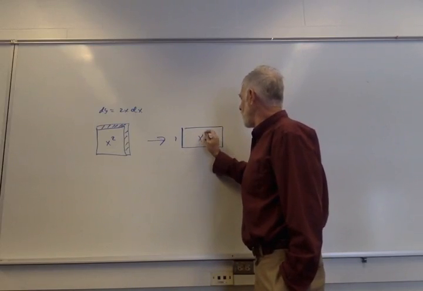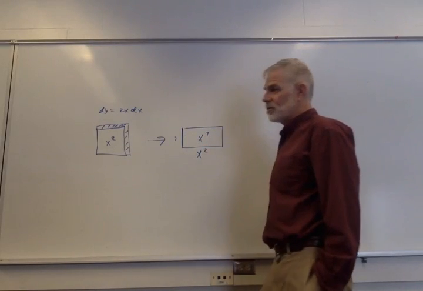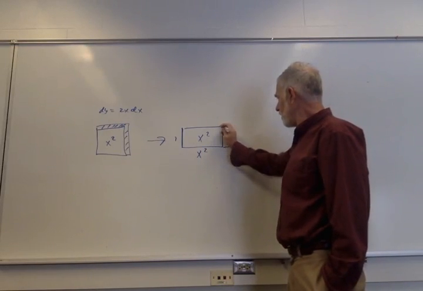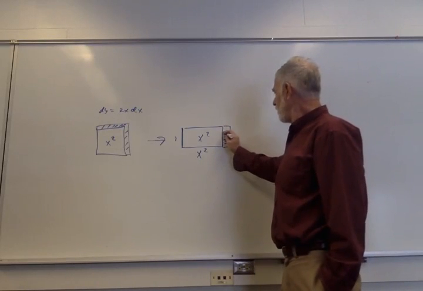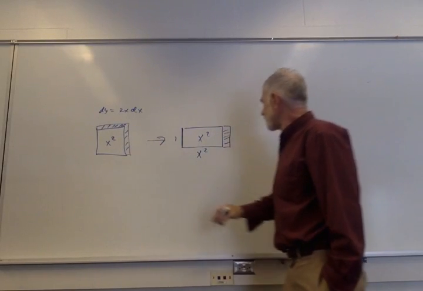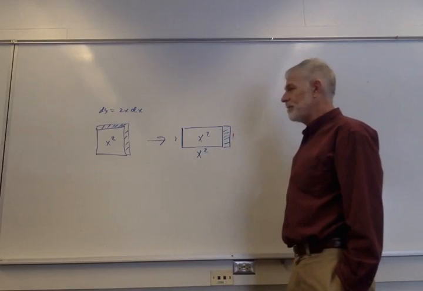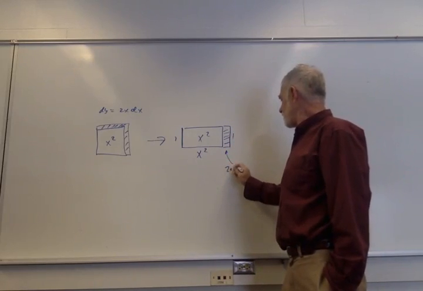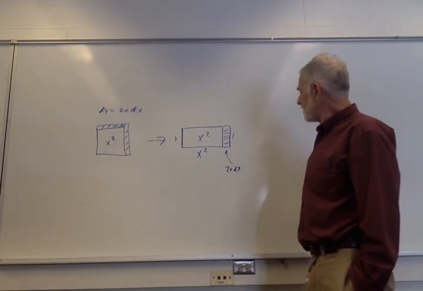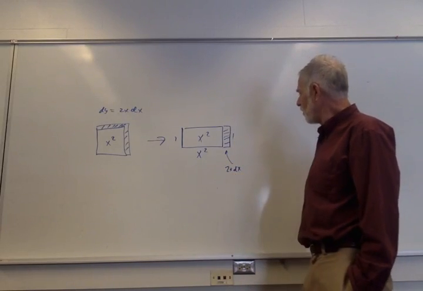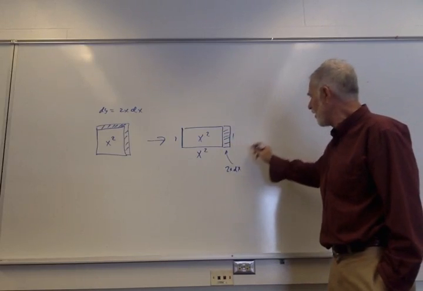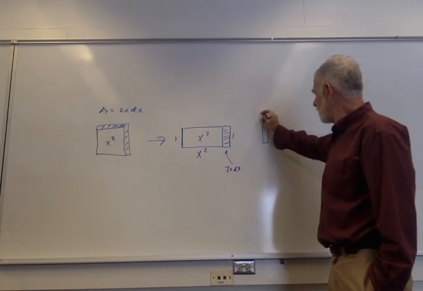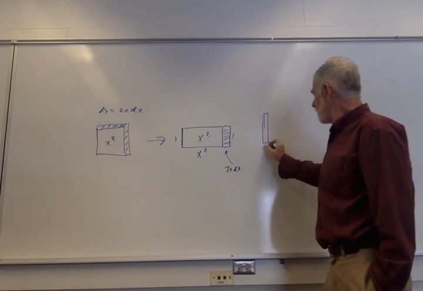Then to capture x squared, the base has to be x squared. And to capture the rate of change, this rate of change here has to be the same as that. But I'm not changing this dimension. So therefore, that has to equal 2x dx. And let's have a little fun with the commutative property of multiplication and change this to dx 2x.